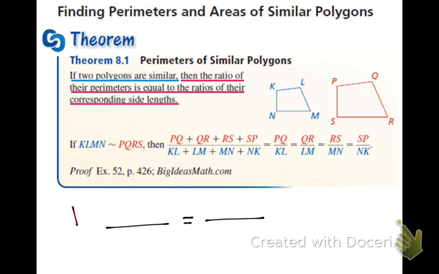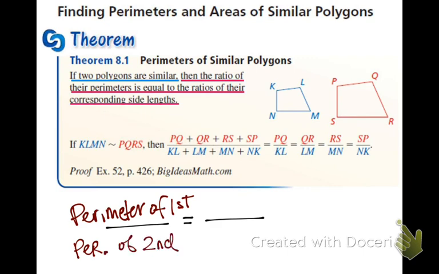So what you're going to do is you're going to find the perimeter, so you're writing this in yours, of the first shape. You're going to put it over the perimeter of the second shape. That's your first fraction. So the perimeter of the first over the perimeter of the second.